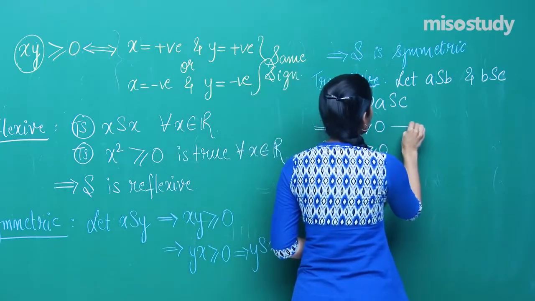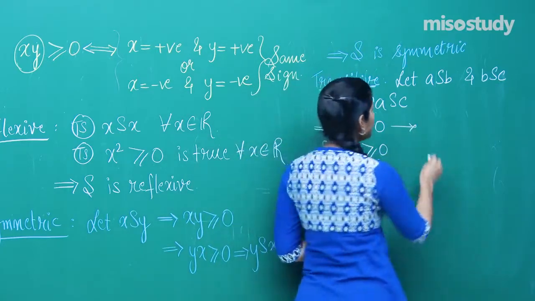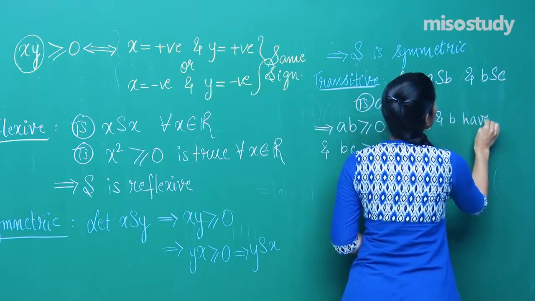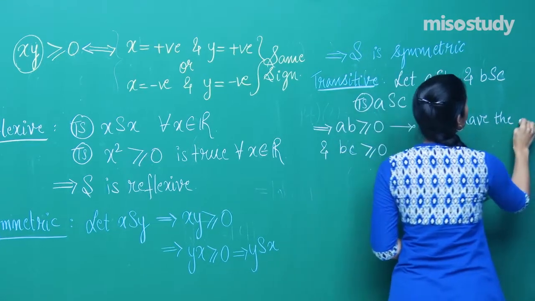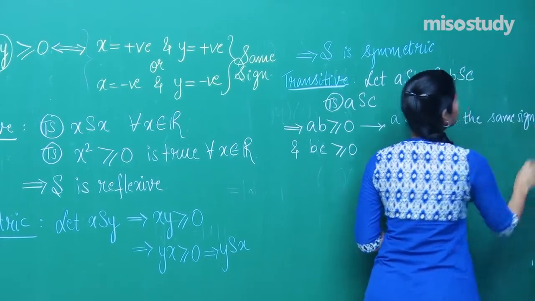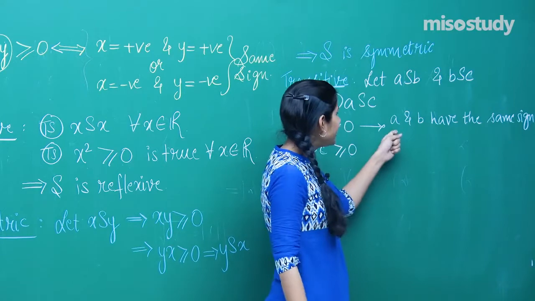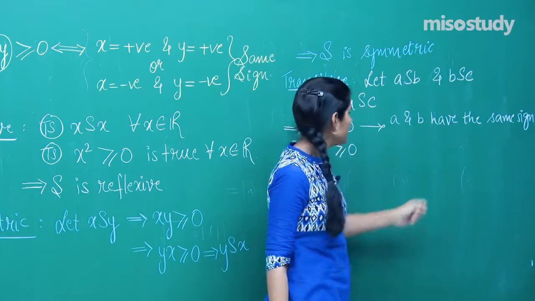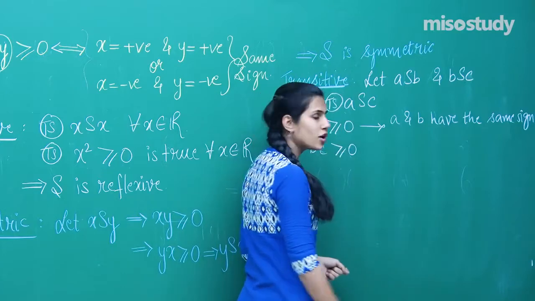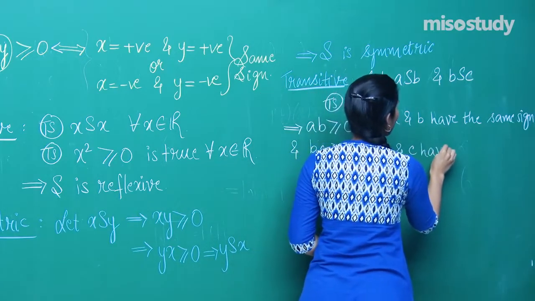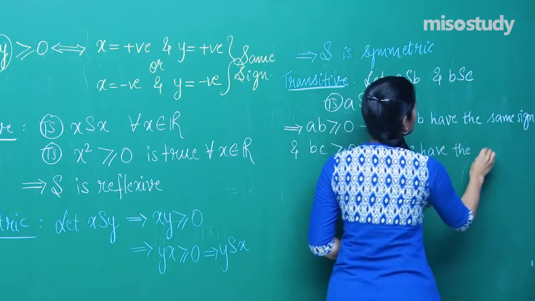Now if A into B is non-negative, this means A and B have the same sign. Either A and B both are positive or A and B both are negative. Similarly, if B into C is non-negative, this implies B and C have the same sign.